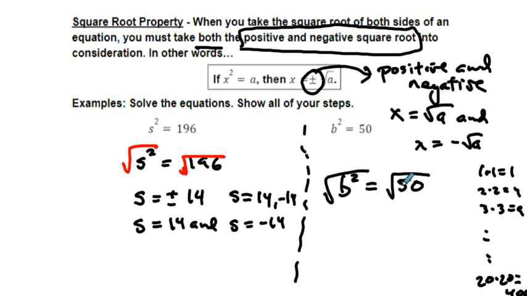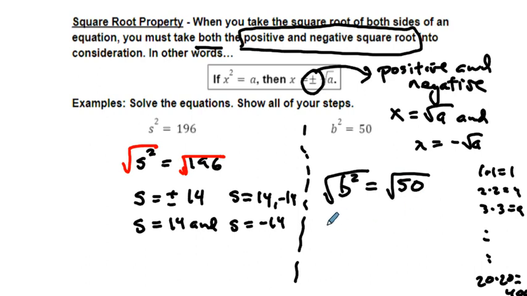The reason it's helpful with something like this is two parts. The first part is we know that 50 doesn't have a clean square root. So what you do when you have a number that doesn't have a clean square root is you look at it and you say, can I factor this into something where one of the factors is a clean square root?